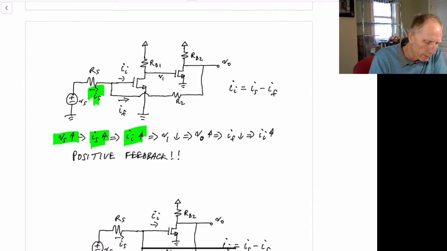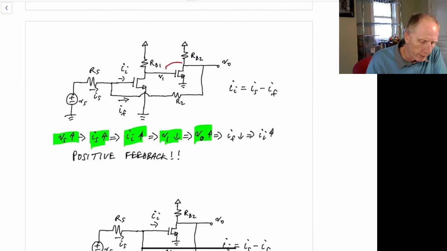The error current increases, which will make V1 decrease because it's inverting from this voltage to this voltage, and I sub I increasing will increase the voltage there. So V sub 1 goes down, which will cause V sub out to go up because it's inverting from V1 to this stage. So V sub out will increase.